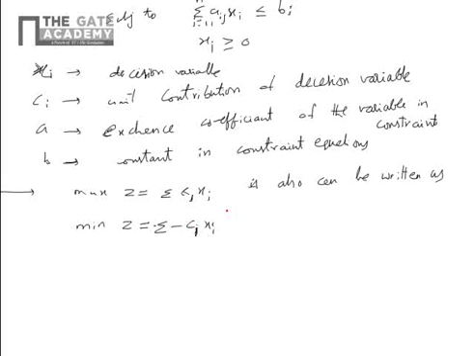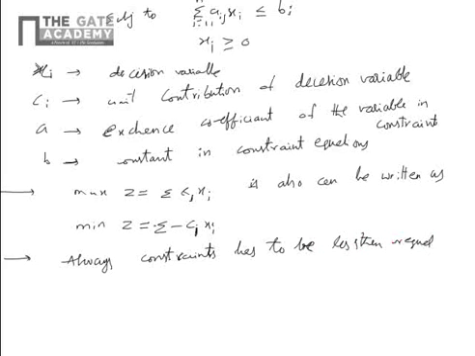Just multiply the objective function by a minus sign. Always, constraints have to be either less than or equal to, or greater than or equal to.